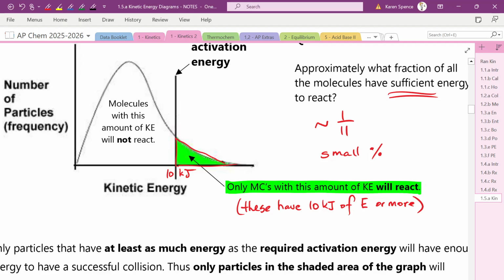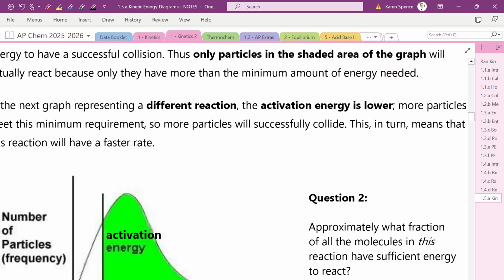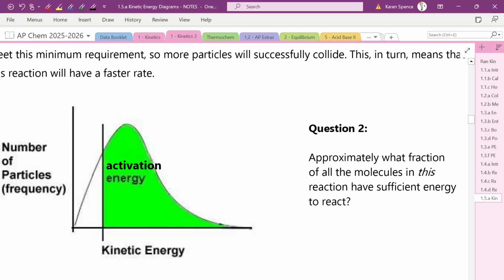Now, what if we had a different reaction that had a smaller activation energy? Say this is, I don't know, 3 kilojoules. So all the molecules that have 3 kilojoules or more will have enough energy to get over that peak.